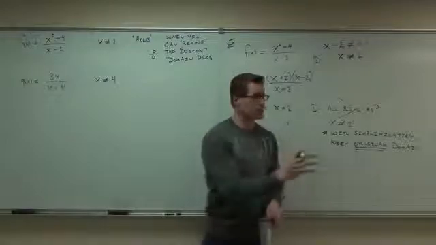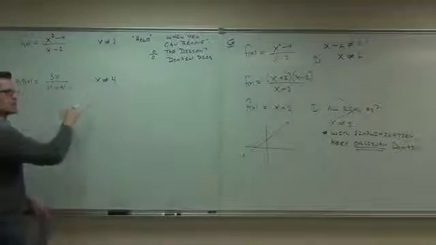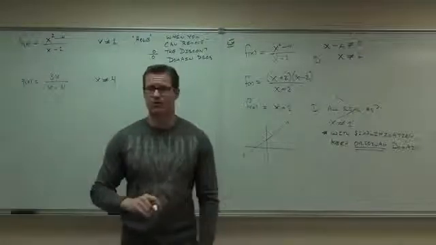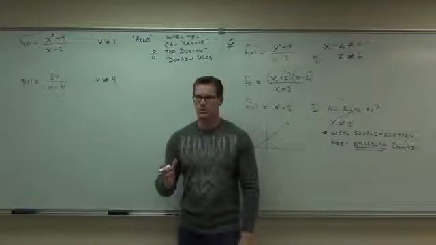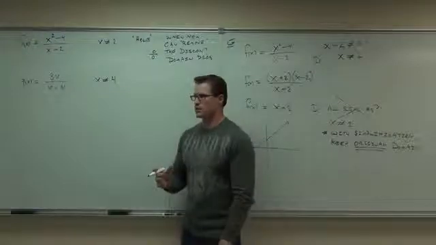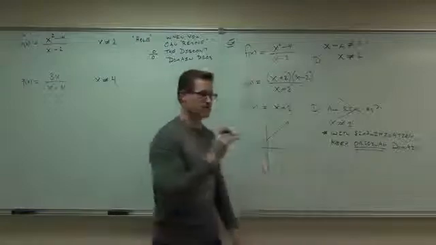Now the other thing we have to consider is, what happens here? Can you simplify the x minus 4 out of your problem here? Is there any way to factor it and simplify it? If you plug in the 4, do you get 0 over 0? No, you get 12 over 0, and that's an issue. That means you're not going to be able to factor that in any way to simplify that.